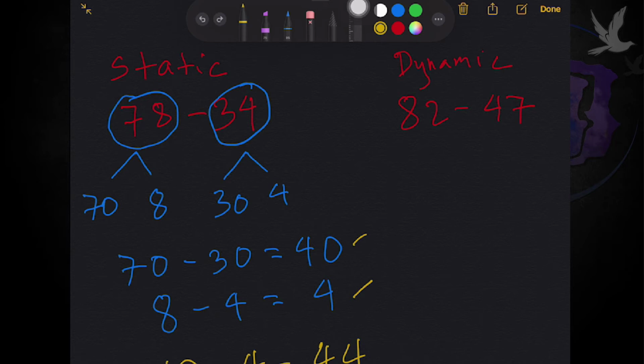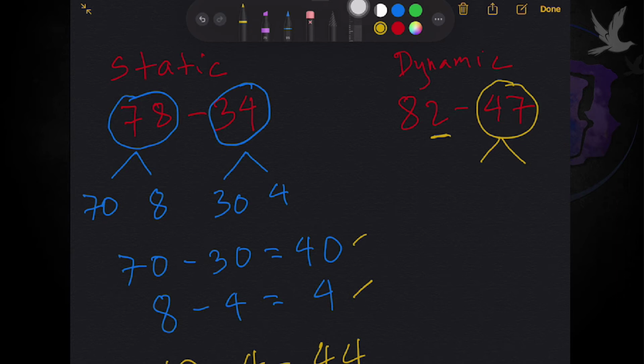Okay, breaking down 47. What are we going to do with 47 here? We are not going to break it down like the one in static, basically separating the tens and ones. Instead, you make the ones place along with the tens equivalent to this value.